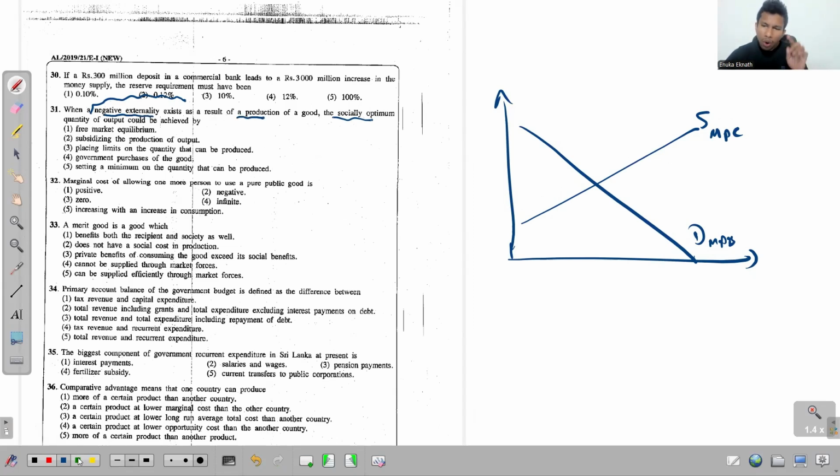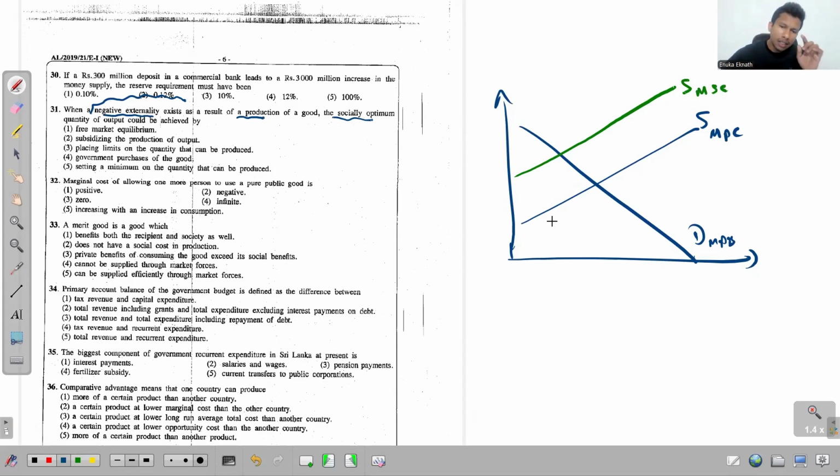So if social cost is higher than the private cost, the supply that is decided based on that higher social cost has to be lower than the supply that is based on private cost. If social cost is greater, the supply curve gets shifted, right, to the left side. And so this is the supply curve which is based on marginal social cost.